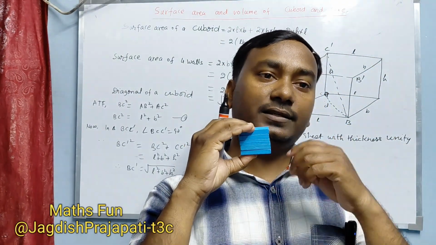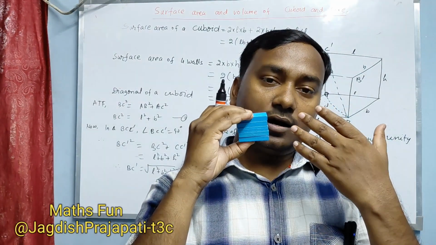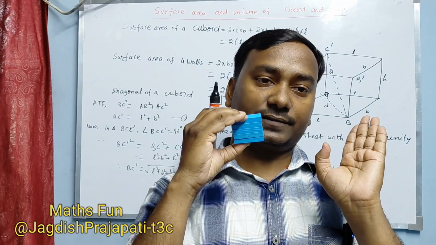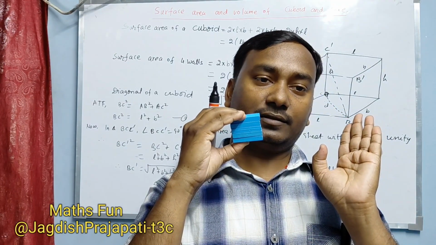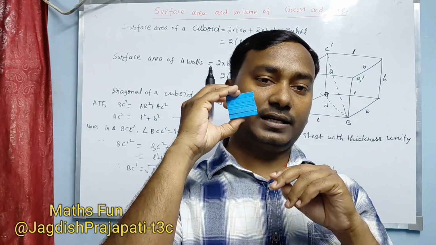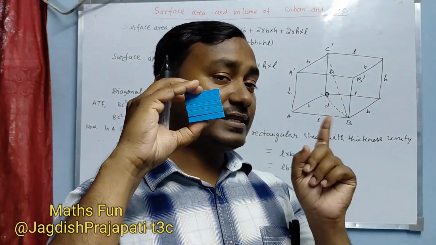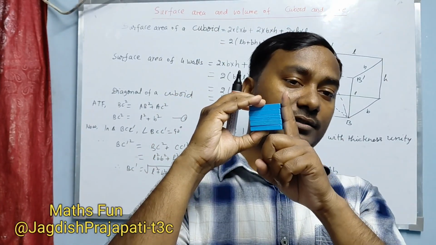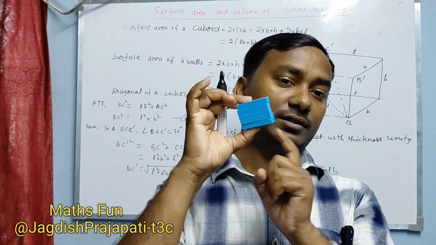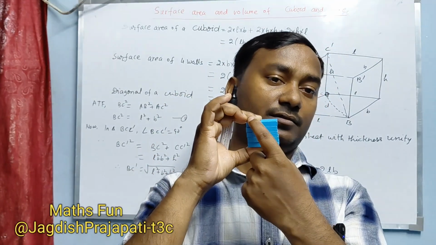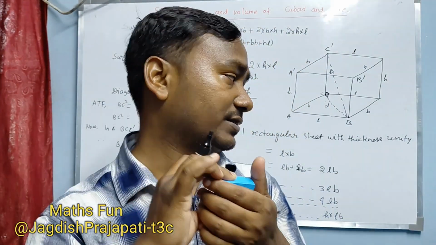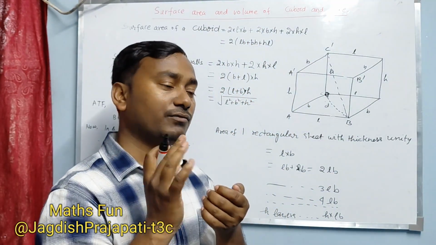Volume covers the measurement of all the spaces, and surface area covers only the measurement of outer surfaces. So this is the basic difference in area and the volume.